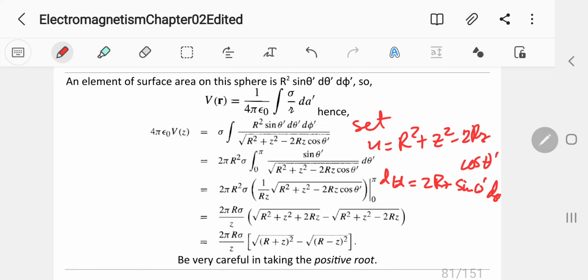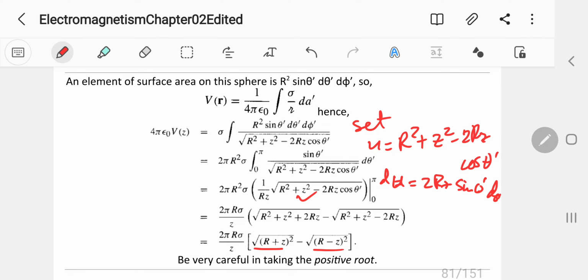So now you will have the integral to be of this form, and this one is given by that. There's a warning here: be very careful in taking the positive root.